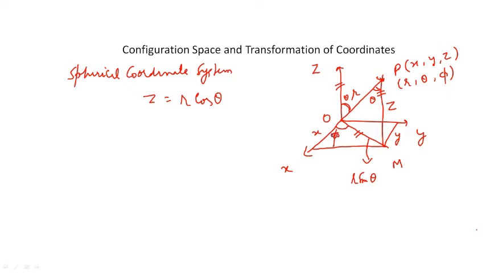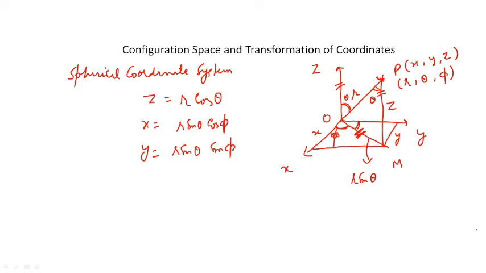So here your x becomes, because it is r sin theta and this angle is phi, a component r sin theta cos phi, and that is equal to x. This is the r sin theta, and this angle is phi. X and y are perpendicular, so this angle will be 90 minus phi. So your y, you already know, becomes r sin theta sin phi.